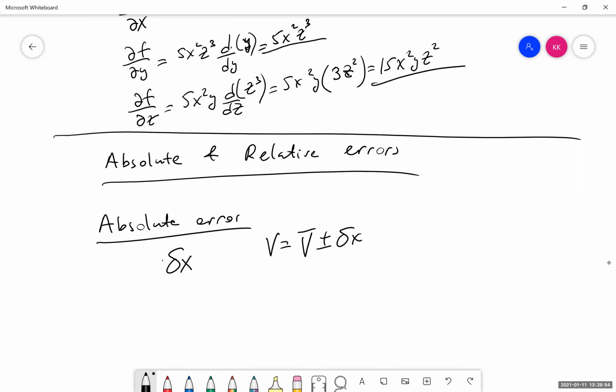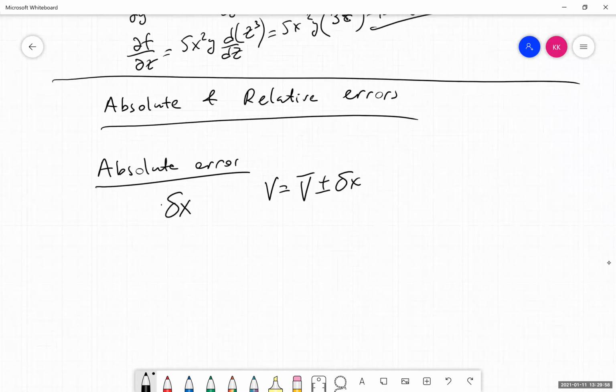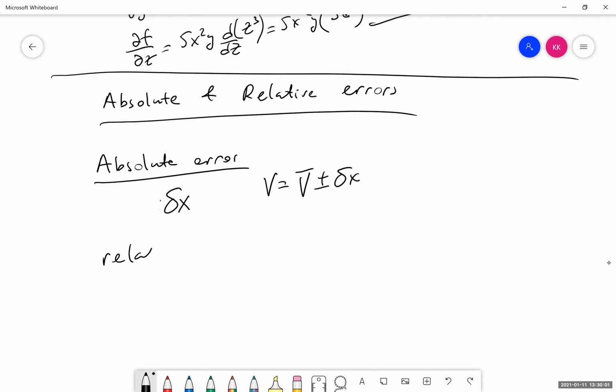In this particular case, we can talk about the relative error, which is nothing but the ratio of delta x over x. For example, delta V, the absolute error of volume, over the volume quantity.